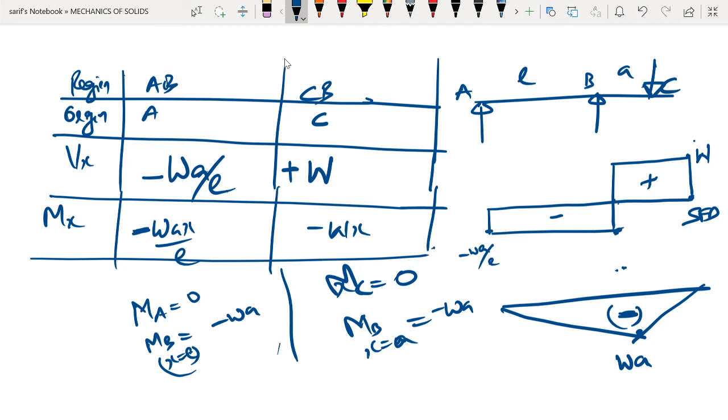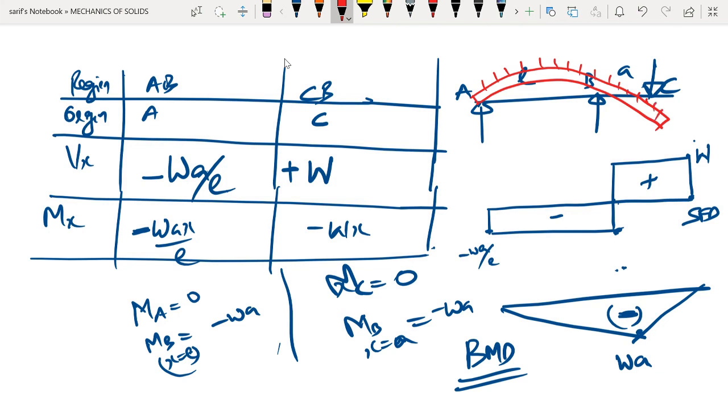Okay, so this is how we develop shear force and bending moment diagrams for cantilever beams. If we want the deflected shape, it is going to be something like this, with the entire region of the beam hogging.